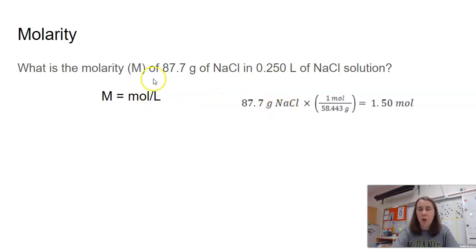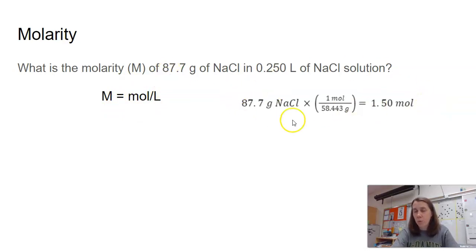Okay, so if we want to find the molarity of a solution that we made by putting 87.7 grams of sodium chloride into water, to make a total of 0.250 liters of solution, then first we need to know, because we're talking about number of particles, how many moles that is, right?